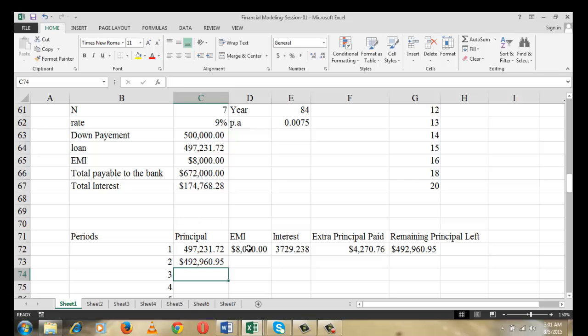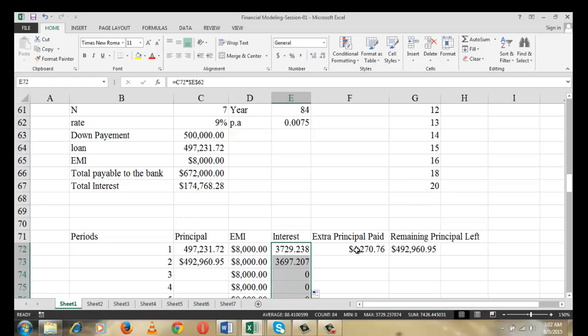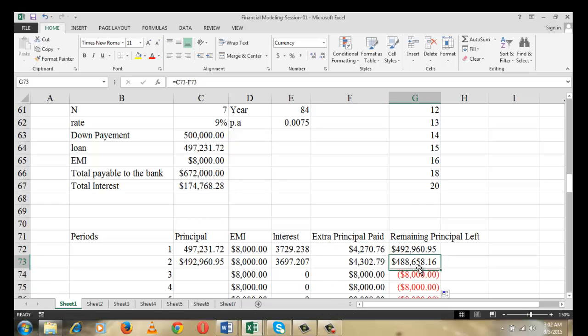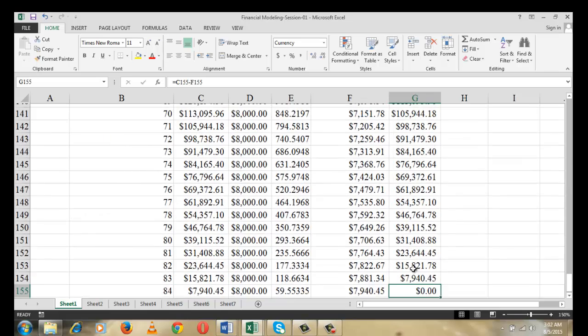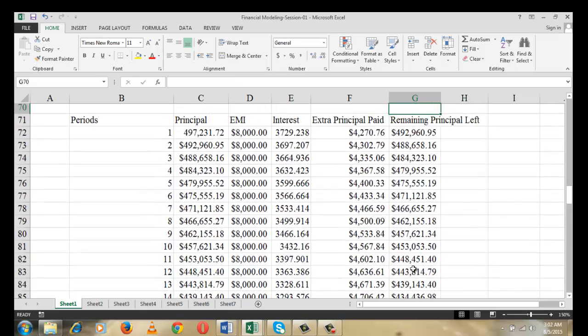EMI will always be constant, interest would be calculated on this principal, extra principal would be the difference between them, and the remaining would be the difference of the figures. So if you see this figure, at the end of 84 periods you get 0.